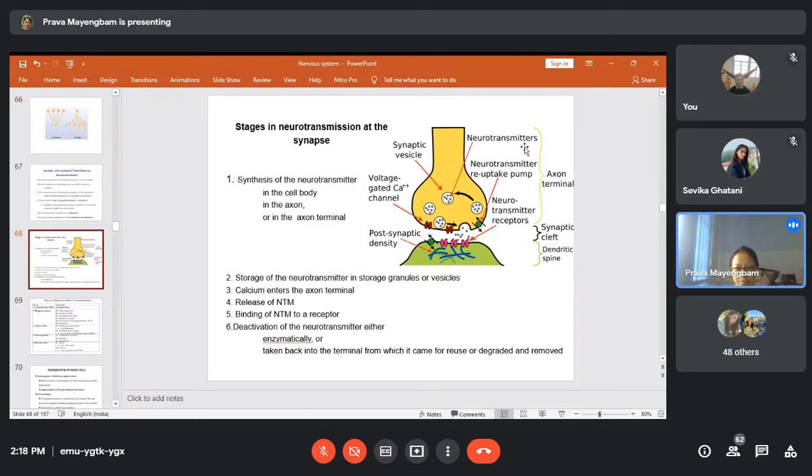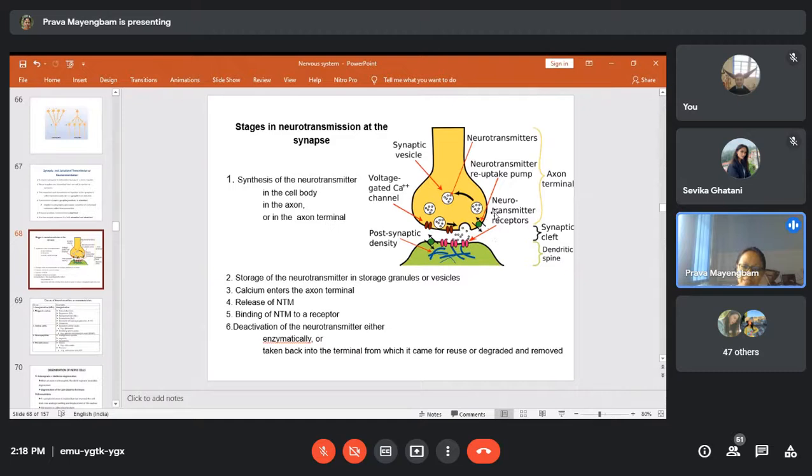Then when there is the passage of an action potential down this axon terminal, there will be increase in the influx of calcium.